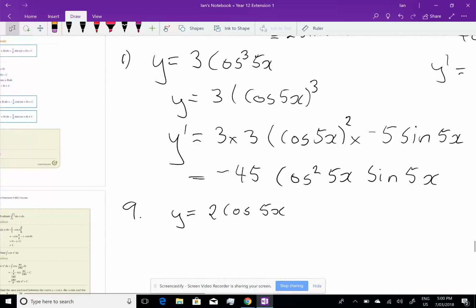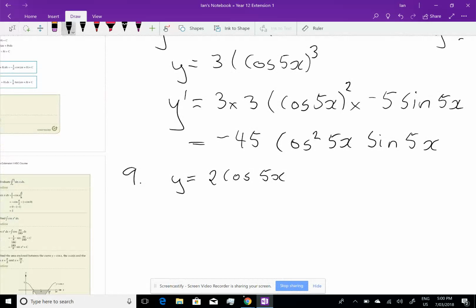Okay, well, dy/dx, first derivative, cos goes to negative sine, so we're going to have negative. The derivative of the 5x is 5 times the 2 sine 5x. So negative 10 sine 5x.